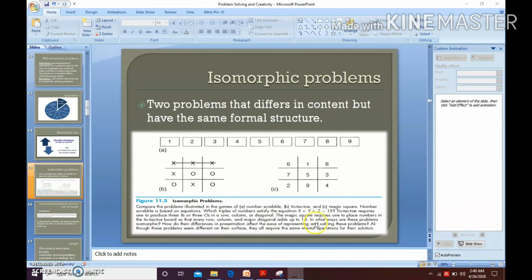Diba? And on the other hand, it is very easy, though maybe not likely to happen, to have one's moves in number Scrabble determined by superimposing it on the tic-tac-toe configuration, thus using the spatial magic square. So they are in a way isomorphic. They have the same formal structure, but they do not require the same mechanics.